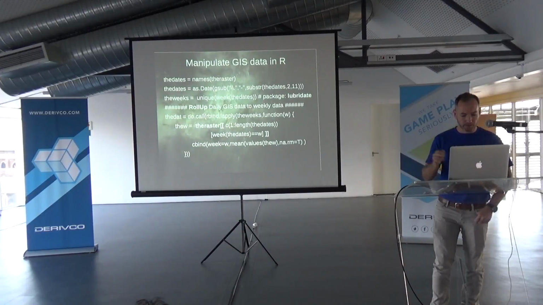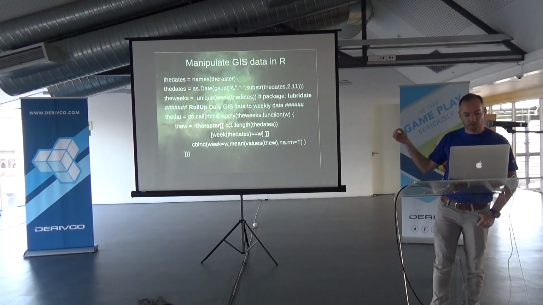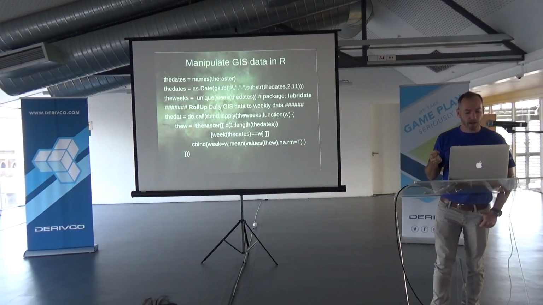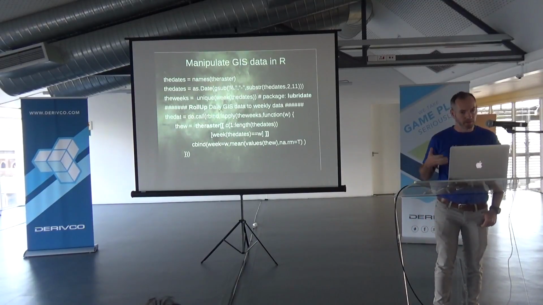Inside the double brackets there is a true false matrix, and it would just extract the rasters per week, and I would just get the mean value of temperature or rainfall for that specific week. So I would aggregate my data to weekly rainfall or temperature data, which I could then use in my experiment to analyze it further.